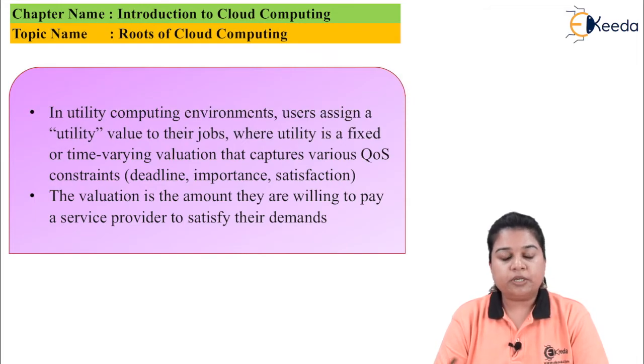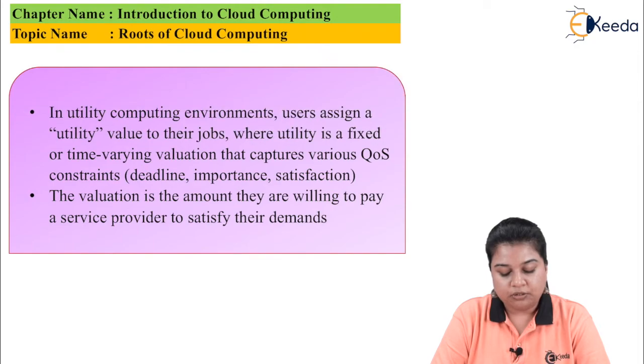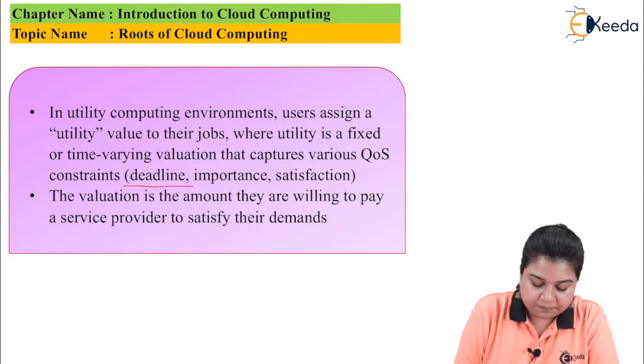Now, utility to their job means they decide as per the amount of work they want from that particular provider or server, where utility is a fixed or time-varying valuation that captures various quality of service constraints, for example, deadline, importance, satisfaction, etc.